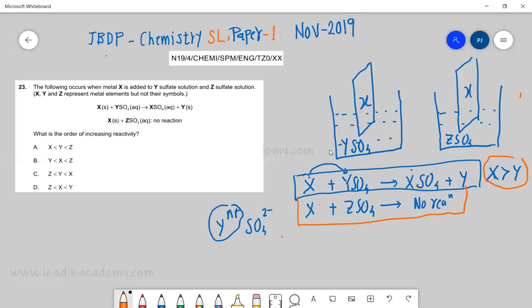It simply means X is less reactive than Z. Simple, because it could not displace. So overall, Y is the least reactive, followed by X, and the most reactive is Z. Simple. This is going to be the order of reactivity. So the correct option is B.